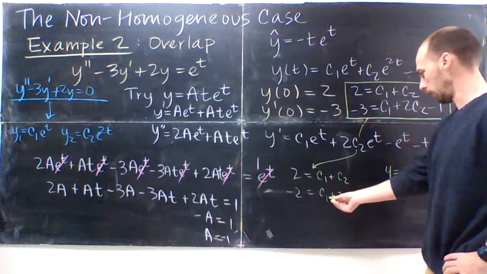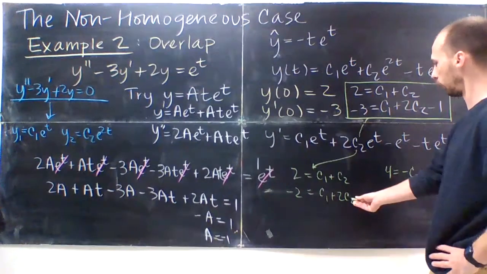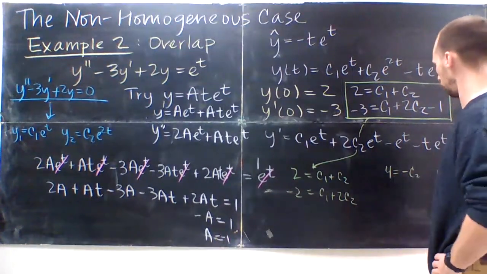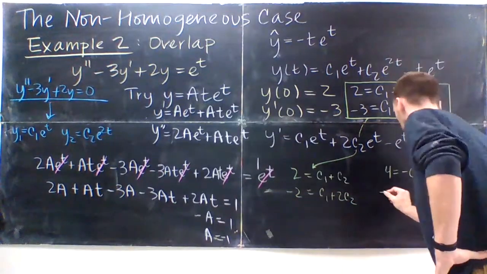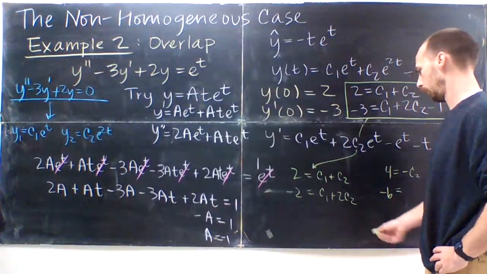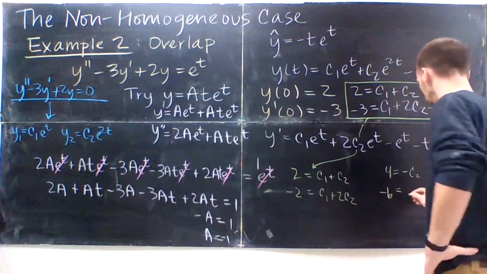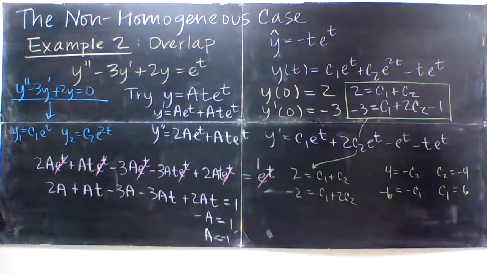And then over here, if let's say I want to eliminate c2, so I'm going to need to take equation 2 and subtract 2 of equation 1. So I'll have -2 minus 4 is -6. Okay. So if I take this one and I subtract 2 of these, I'll have -c1, which means to me that c1 is 6.